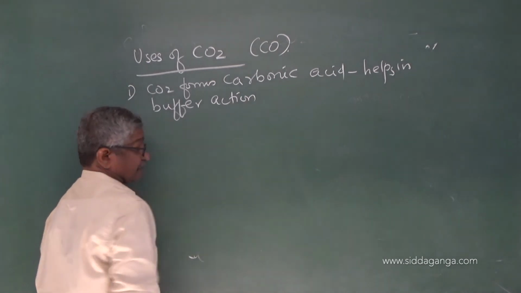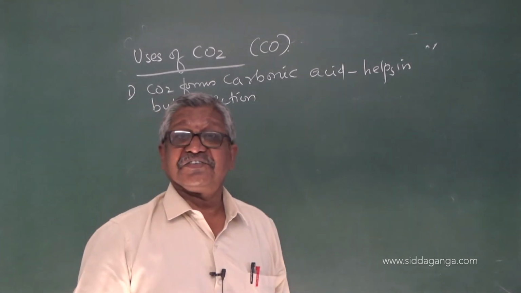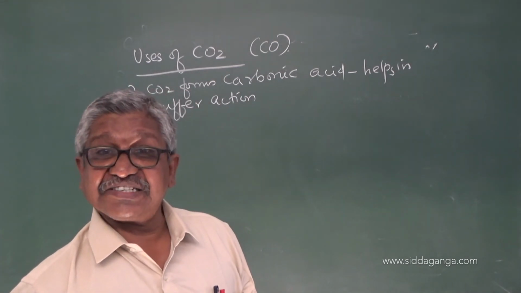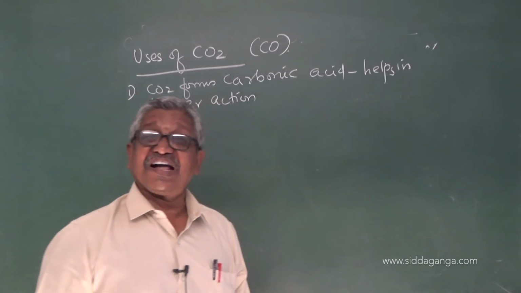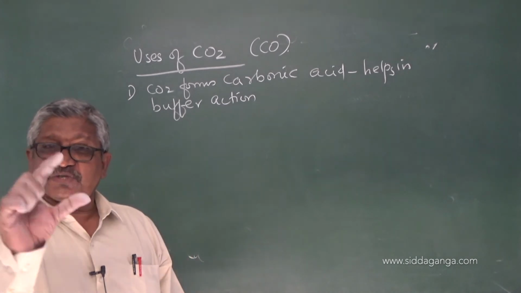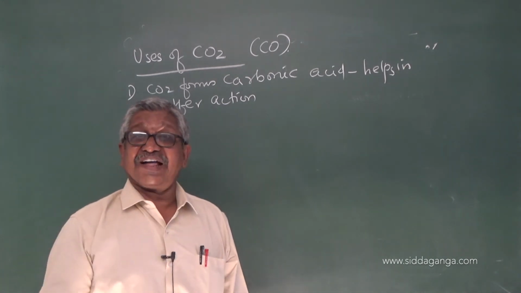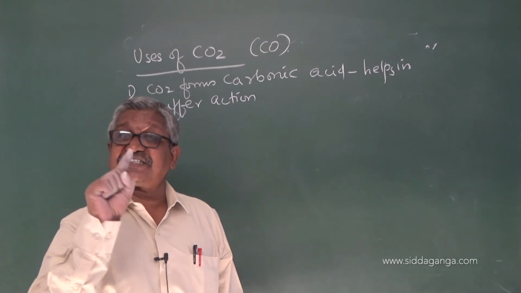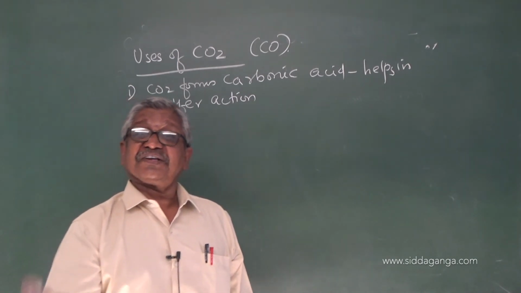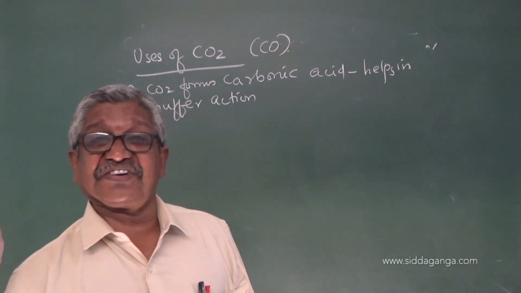Buffer means the solution which resists changes in its pH by the addition of acid or base. If a solution's pH does not change when acid or base is added, the solution is called a buffer solution.